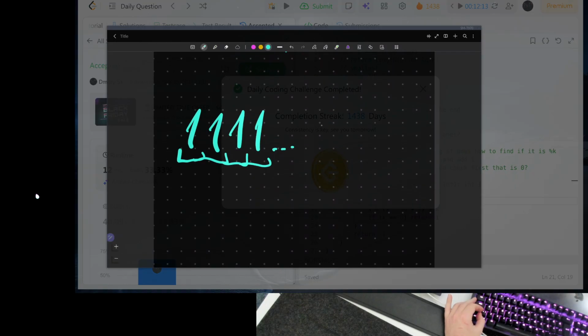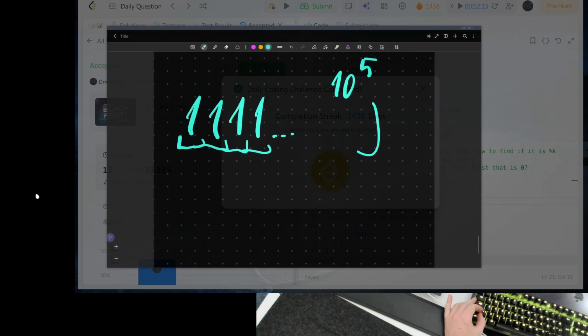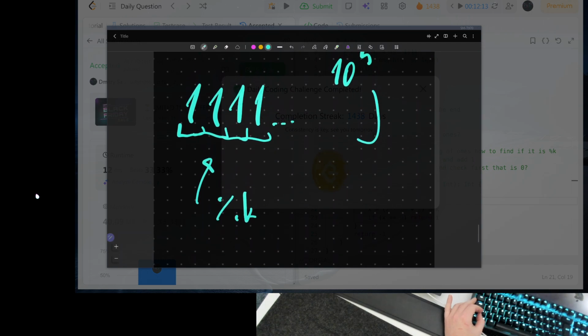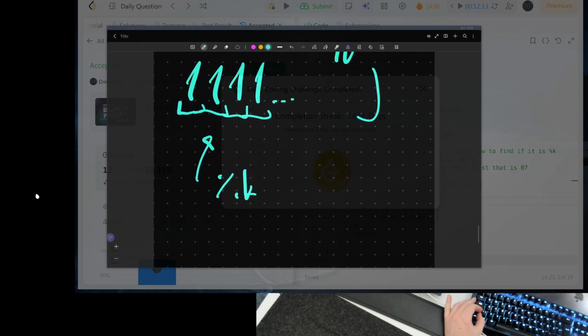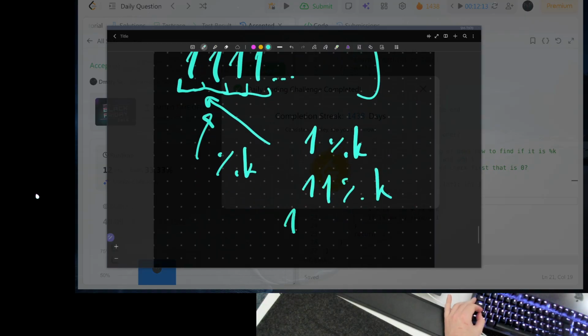It can be pretty lengthy, so let's make it 10 to the power of 5 length maximum. And now we want to check every prefix if it is divisible by k. And there comes our modulo operation. First we check 1 against k, then 11, then 111, and so on.